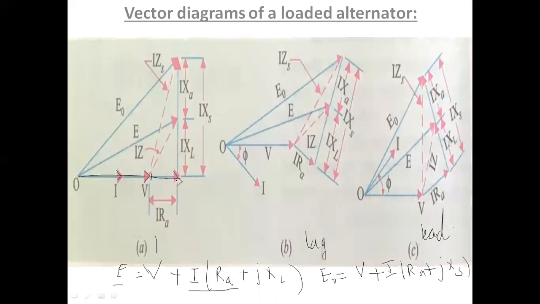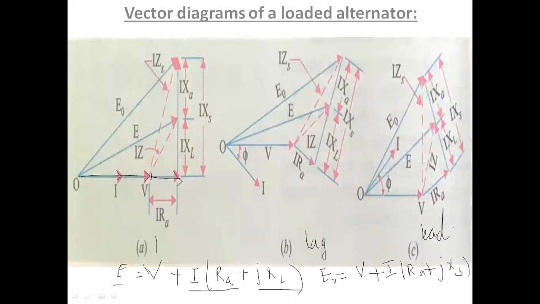Next, after that, I have to add I into JXL, that is, IXL. This IXL will always be perpendicular, because inductance is perpendicular to the resistive drop or current vector.